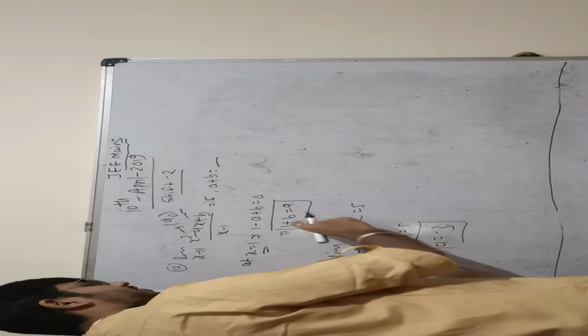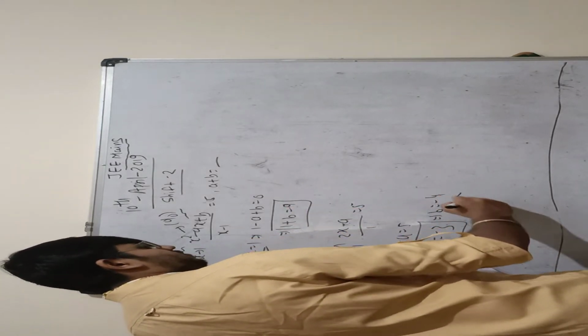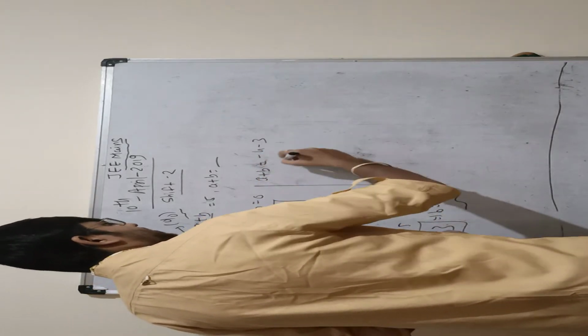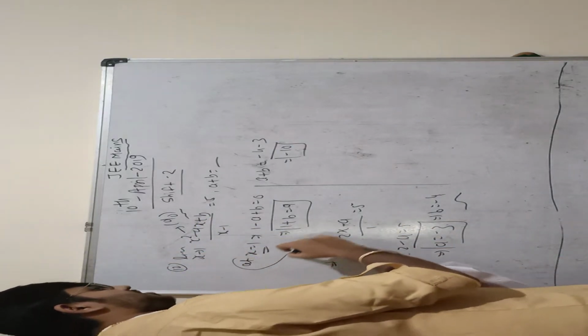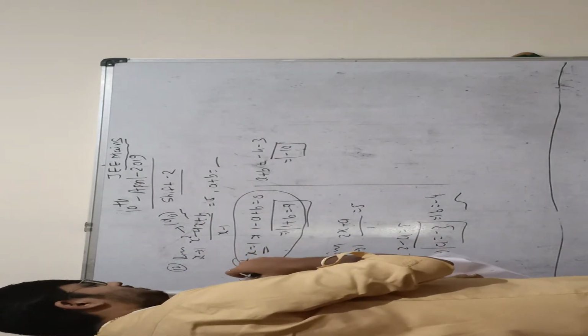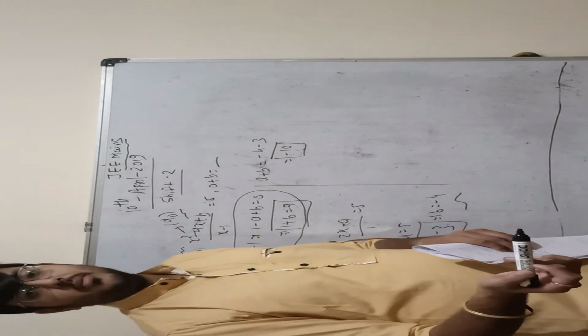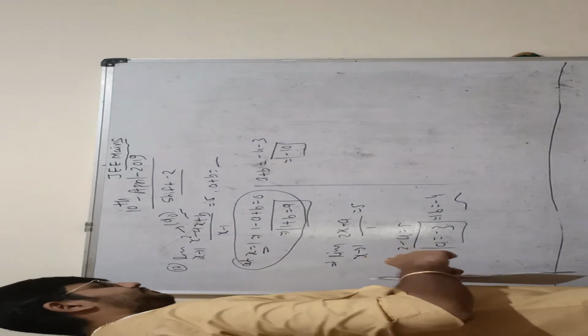For this value of a, b will be minus 4. Now if you want to find a plus b, it is minus 4 minus 3, which is minus 7. So you need to keep this point in your mind: for the existence of a limit, if the denominator tends to 0, the numerator must also be 0. That is the 0 by 0 form of the limit.